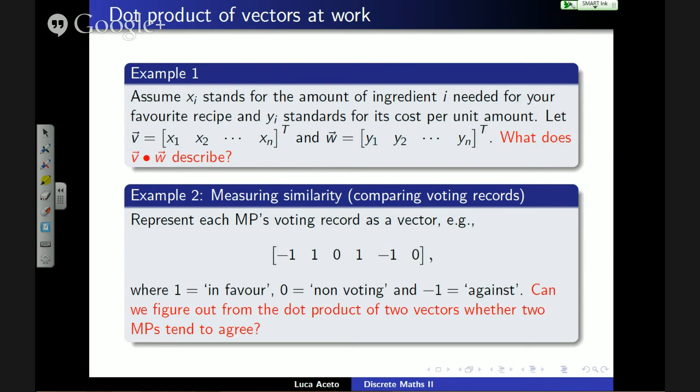So if we agree most of the time, the dot product is going to be positive, possibly highly positive. If instead we disagree all the time, we are going to get lots of -1s, which means that the dot product is going to be on the negative side. If instead we agree to disagree, we disagree most of the time, we are going to get close to 0.